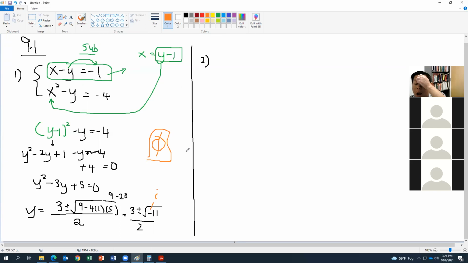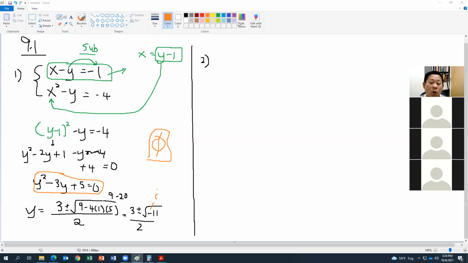What I want to say, class, is if you solve this system of equations, and you get an equation which you can factor or use the quadratic formula on, and your answer comes out complex, you got no solution.